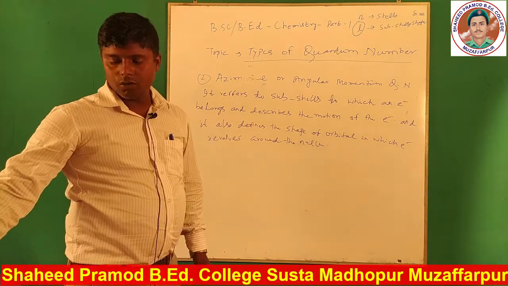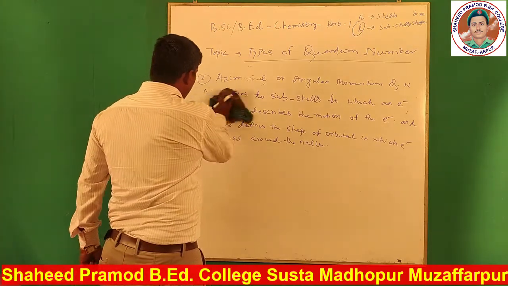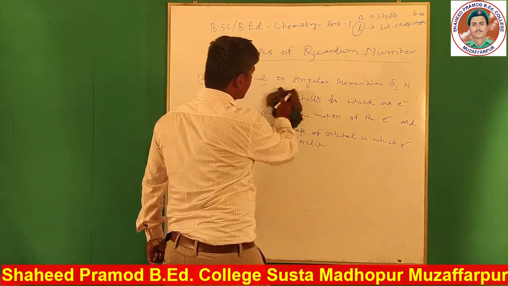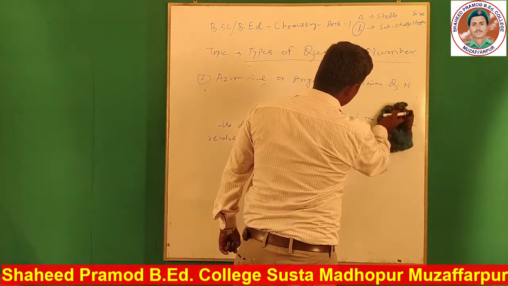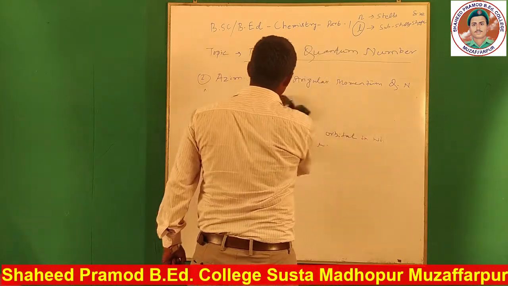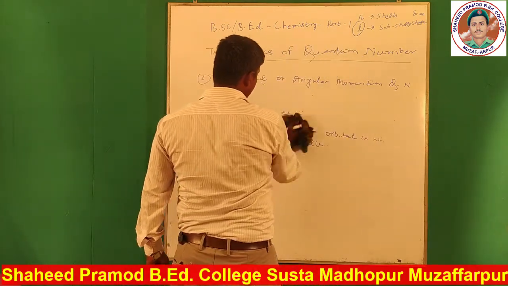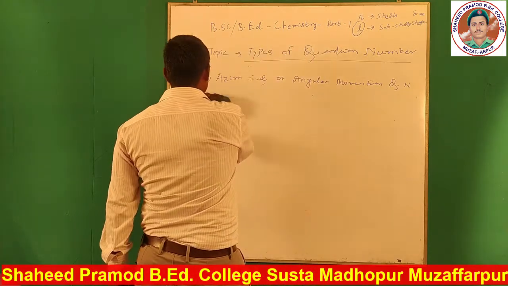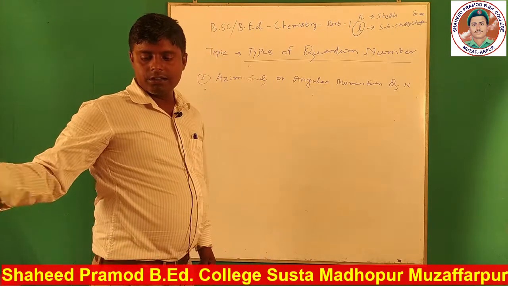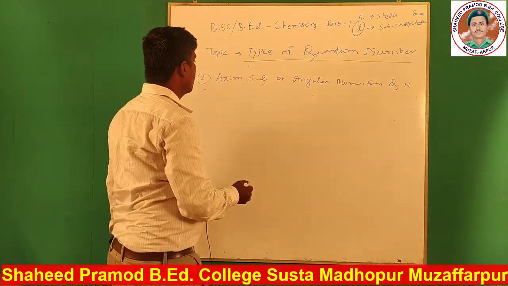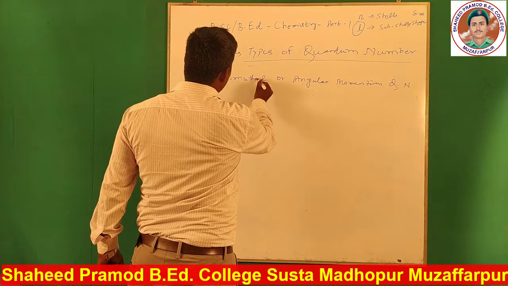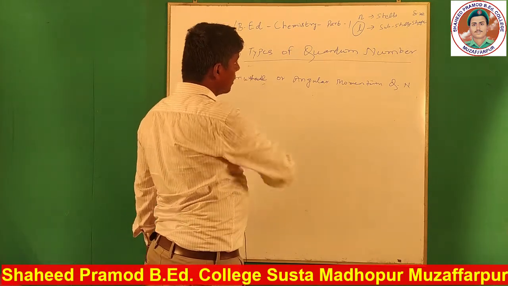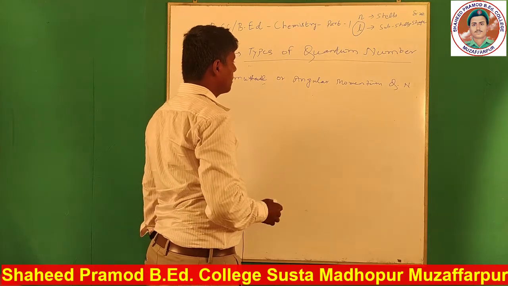From the name itself, this is related to angular momentum. It gives the angular momentum of the electron in a particular orbital. The azimuthal quantum number has a range, and it is interrelated with the principal quantum number.